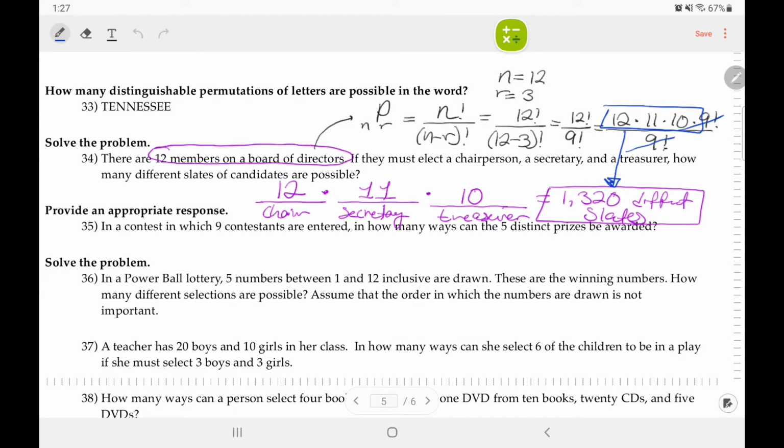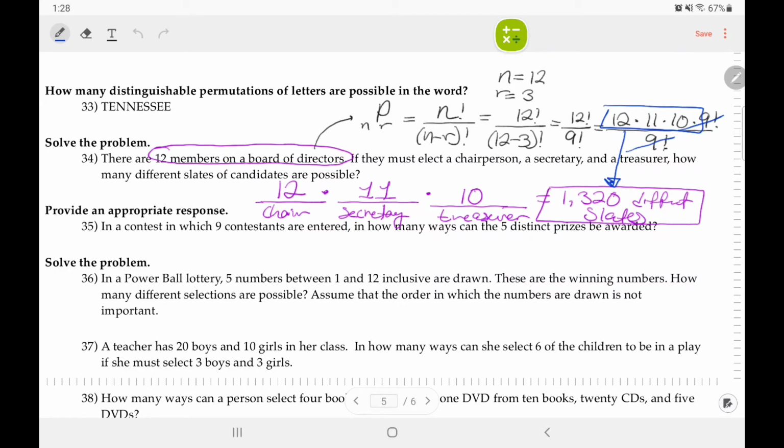Actually, the reason I don't want to say take care yet is because I just read number 35 while I was finishing up number 34. That will also be a permutation. In a contest in which 9 contestants are entered, how many ways can the 5 distinct prizes be awarded?